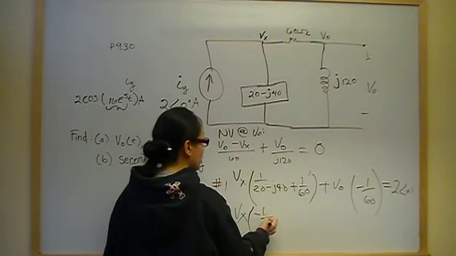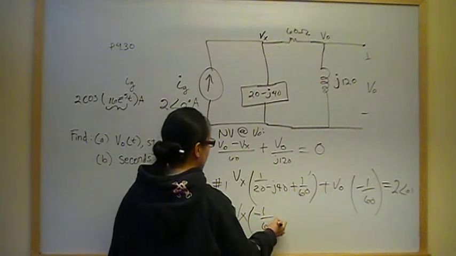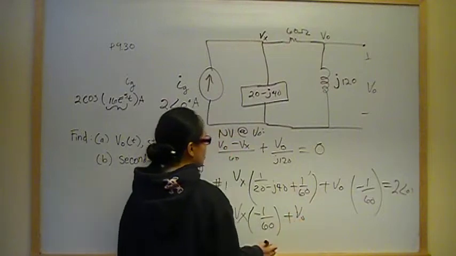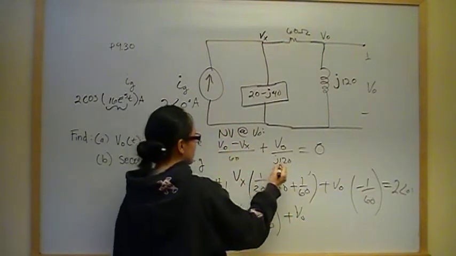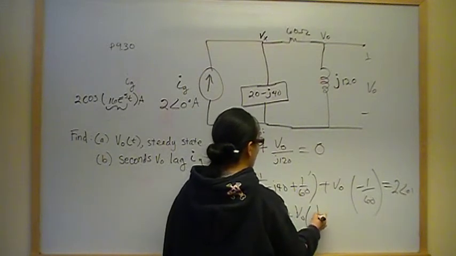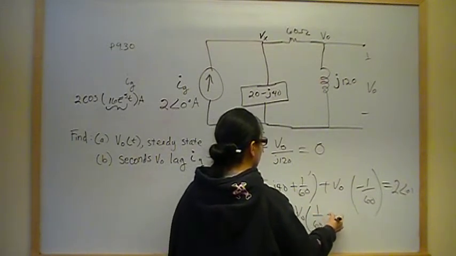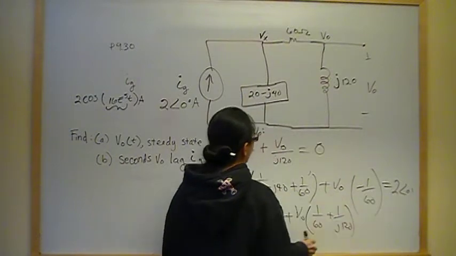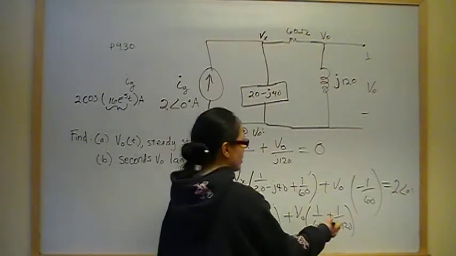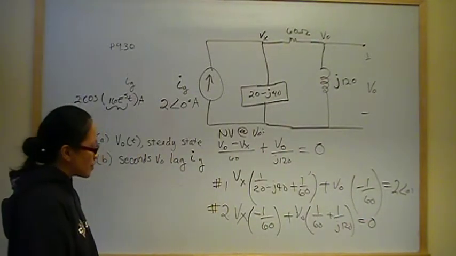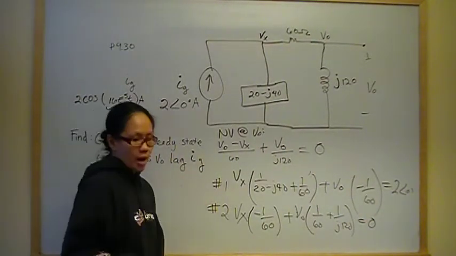So my coefficient for Vx is negative 1 over 60, plus my coefficient for V out is 1 over 60 plus 1 over J120. And I have no constants to move to the other side, so that's just going to equal 0. So I have 2 equations and 2 unknowns, and I can solve that.